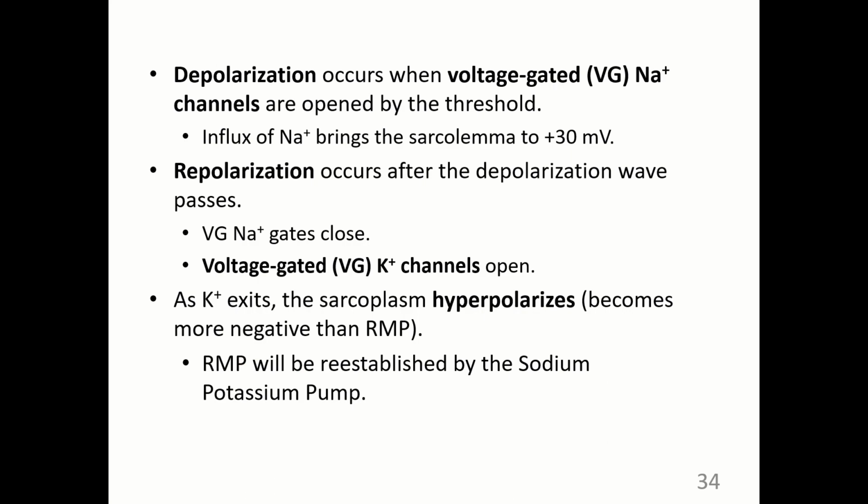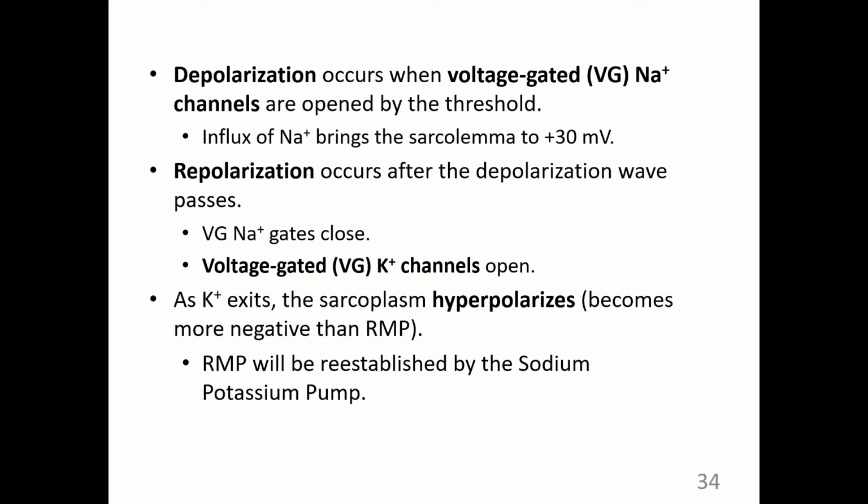During the action potential, depolarization occurs when voltage-gated, abbreviated VG, sodium ion channels are opened by the threshold value. An influx of sodium ions brings the sarcolemma to a positive 30 millivolts. Repolarization occurs after the depolarization wave passes.